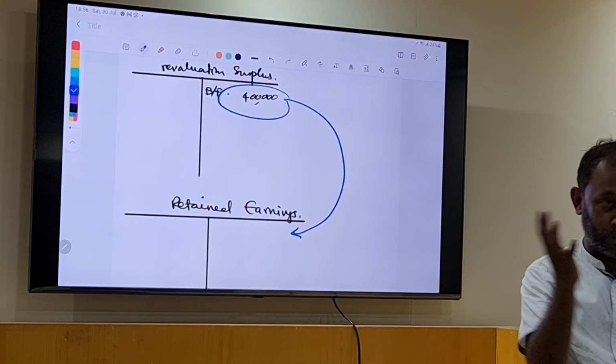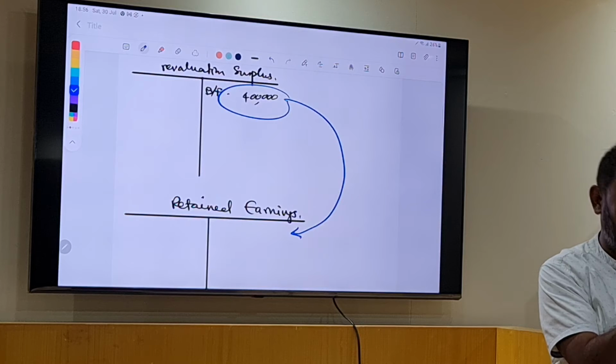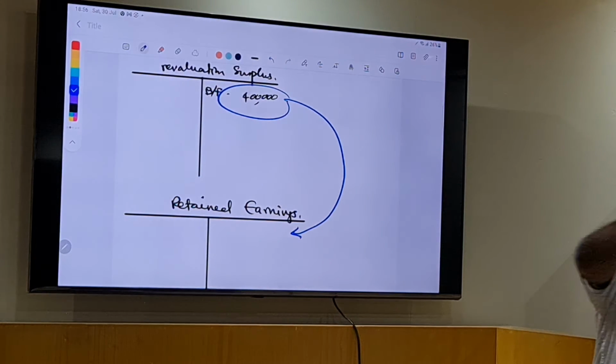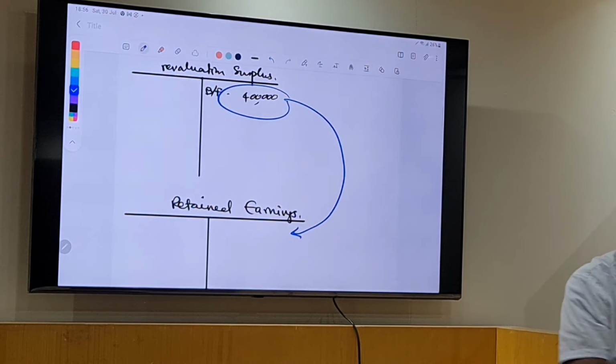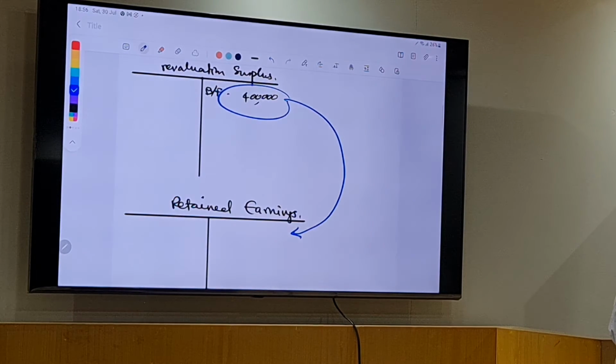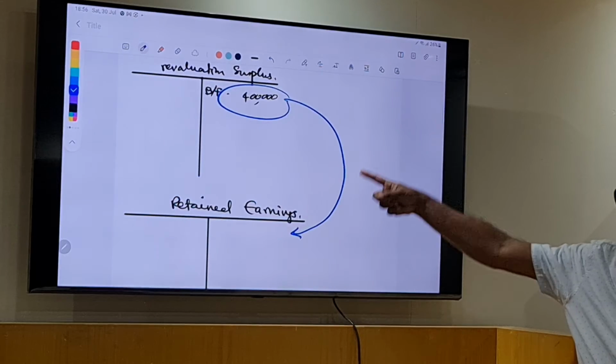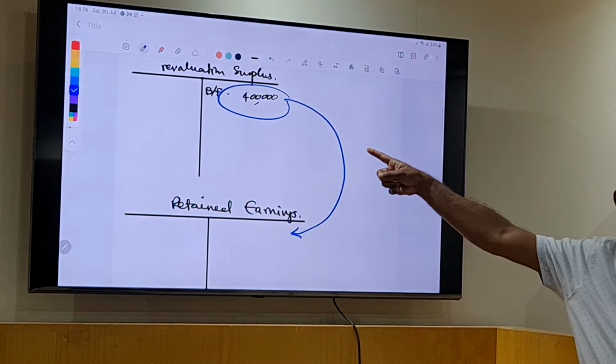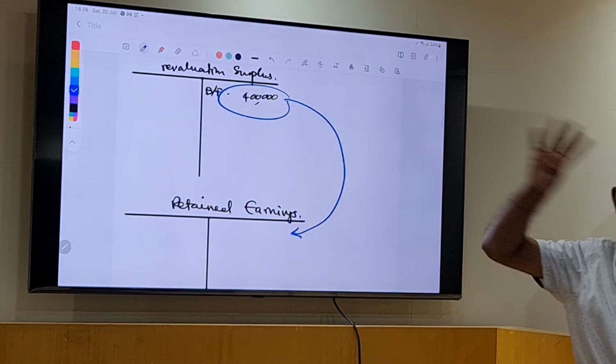I have a pot of 400,000 money in one pot. I need to take 20,000 and put it to another pot. So in this pot, what will happen to 20,000? Will it increase or decrease? Decrease. In which pot? Already I have 400,000. Which account is that?